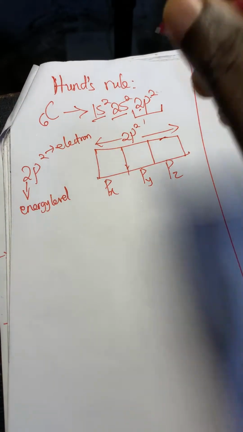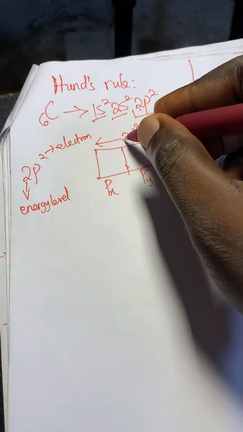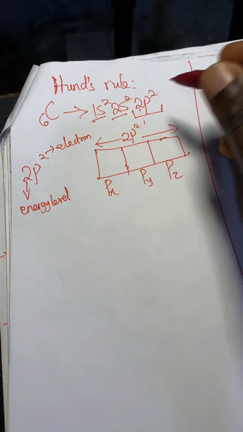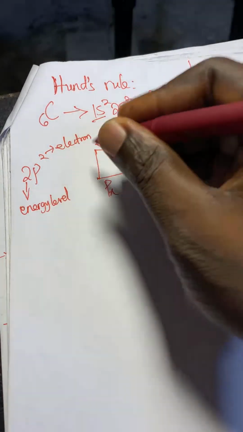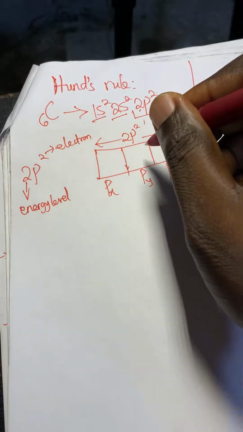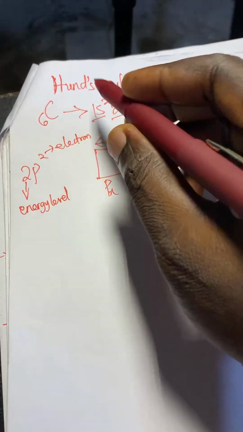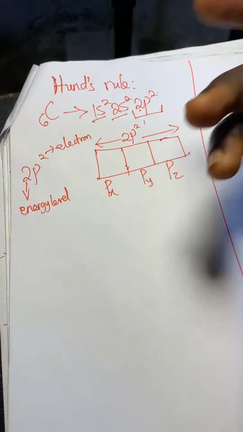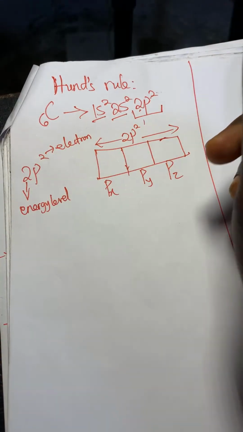Okay, now look at this, everybody. I want you to understand this 2p2. This is the electron that we are to share. You are not to come here and drop the two electrons up and down. You have failed. You have violated Hund's rule. Just like some of us are single, some are married.